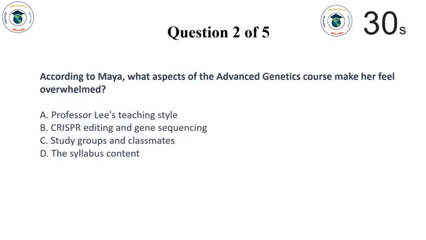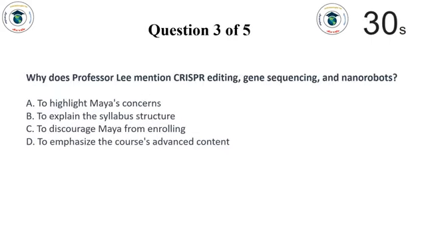According to Maya, what aspects of the advanced genetics course make her feel overwhelmed? Why does Professor Lee mention CRISPR editing, gene sequencing, and nanorobots?